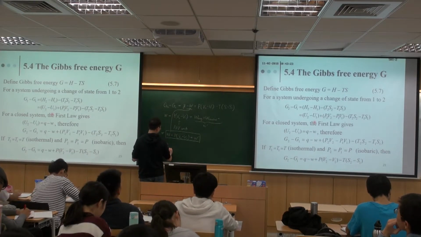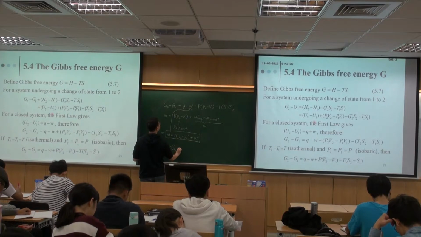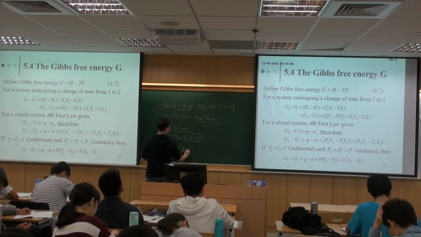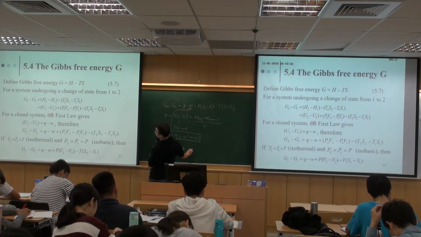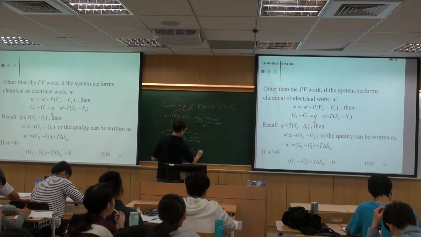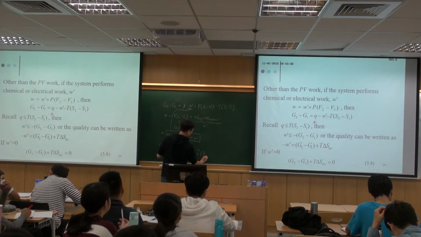Therefore, G2 minus G1 is just Q minus W prime, and then T times (S2 minus S1).